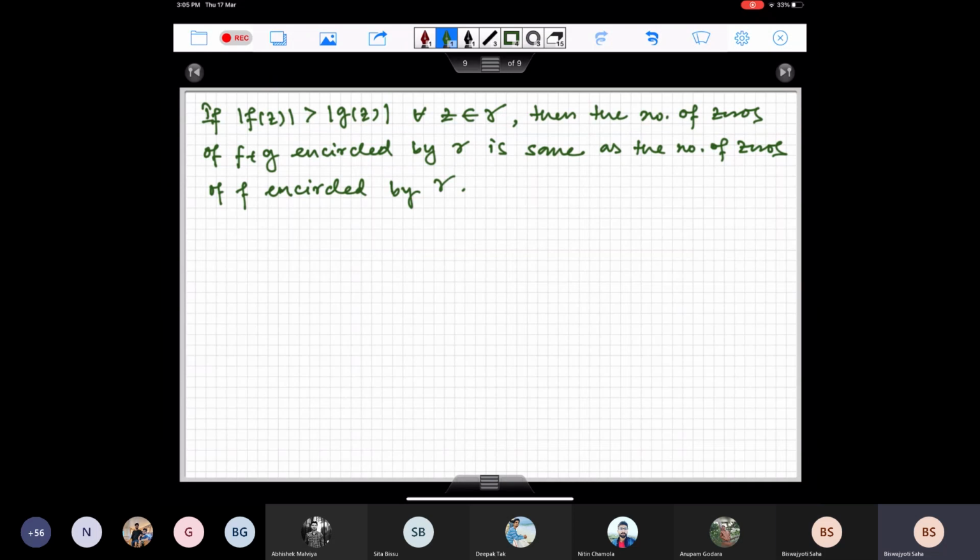So what it's saying is that if I have some superior function, then you imagine f plus g, and you are just going to get the same number of zeros which is given by the superior function. Just imagine the polynomial z to the power n, which has n zeros, all of them at 0.